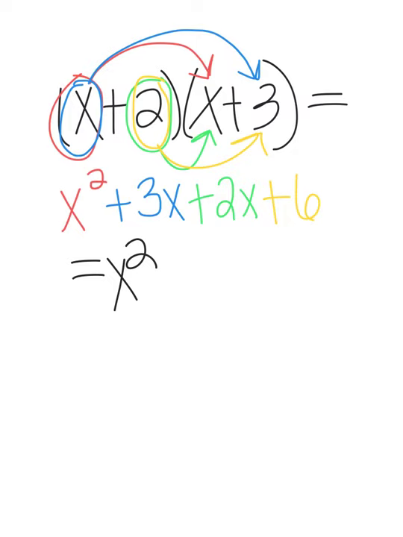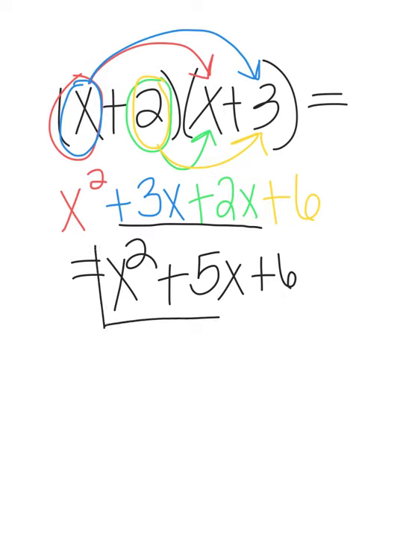Since they're both x terms, I can add them together. 3x plus 2x is 5x. And then I would have plus 6 at the end of that. You cannot add a 1, a 5, and a 6 together. Each one of these is a separate term. Your answer would have to be x squared plus 5x plus 6.